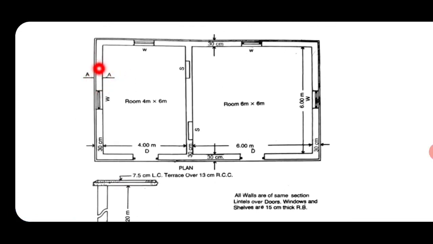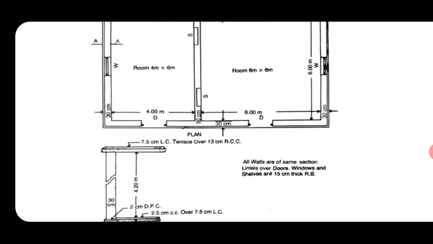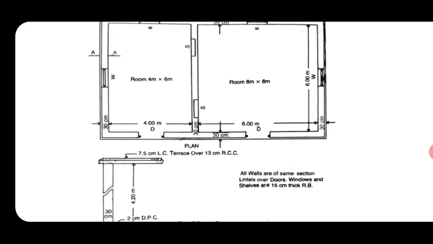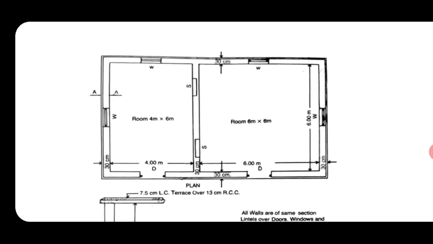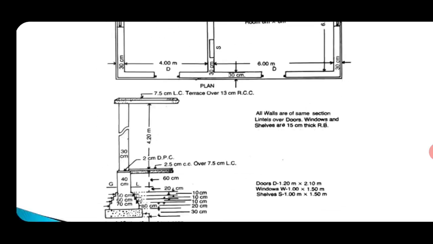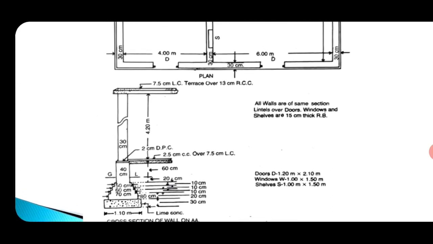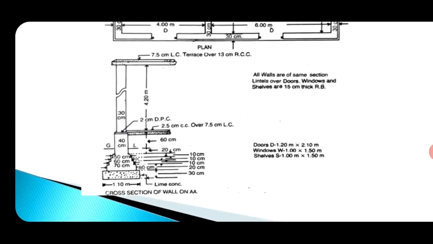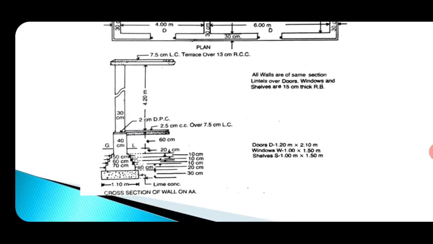That means this is the sectional elevation of this particular wall. So here all the walls are of same size and all the walls are having same foundation details. So one sectional elevation is enough for doing the estimation.